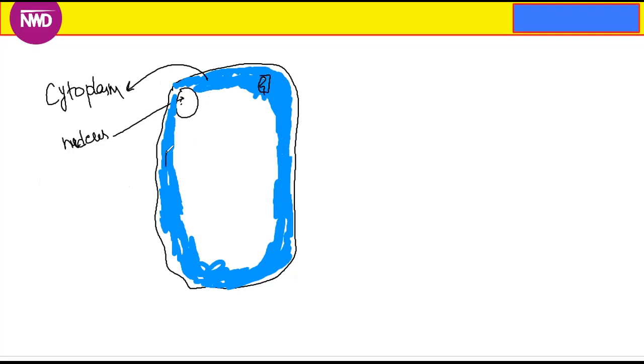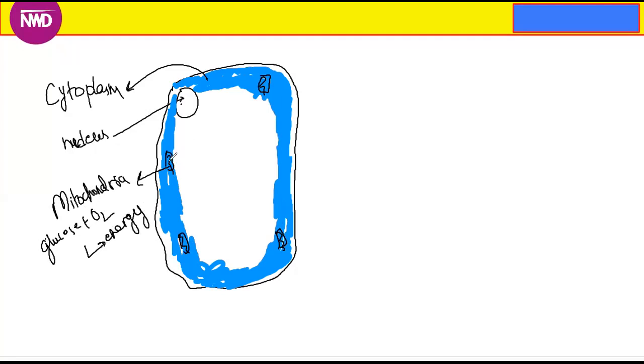Everywhere we can see the presence of mitochondria. Mitochondria is the powerhouse. So the glucose made in the process of photosynthesis, that glucose plus oxygen will make energy here in the plant.